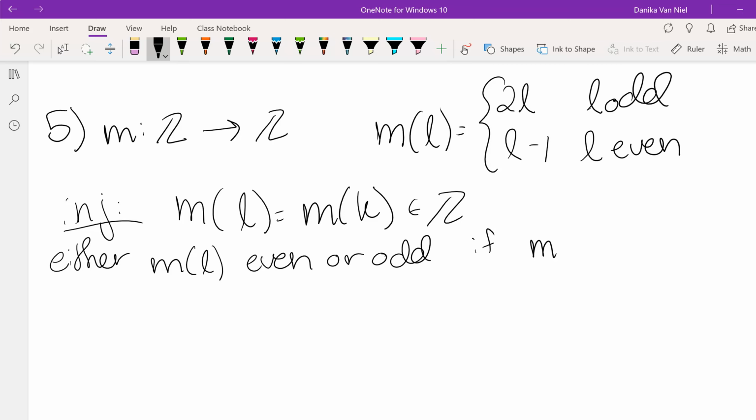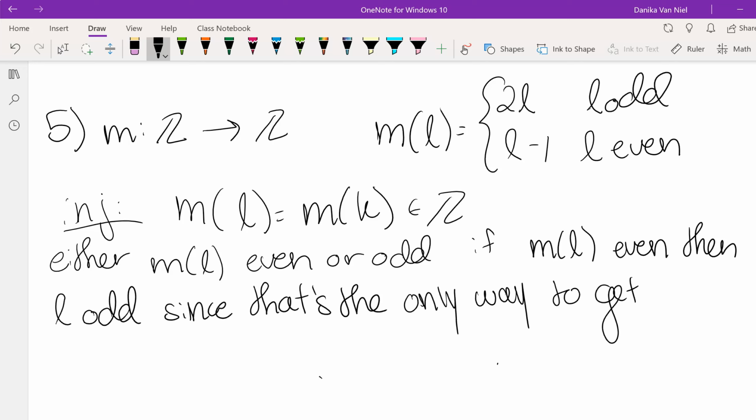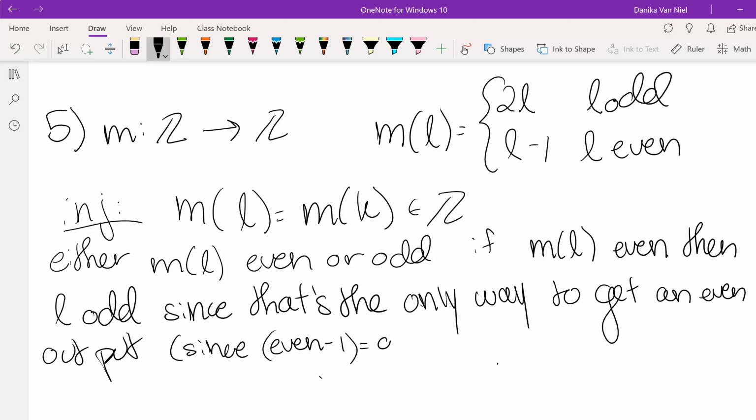If m of L is even, then L must be odd, since that's the only way to get an even output, since even minus 1 equals odd. And 2 times any integer is always going to be even by definition.